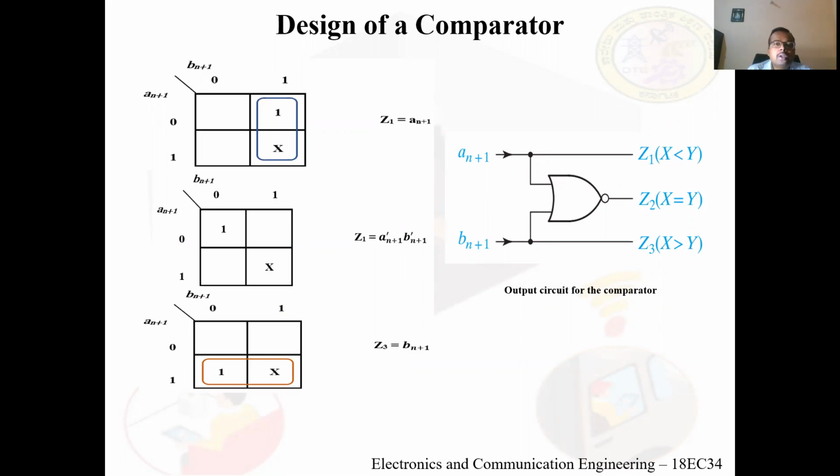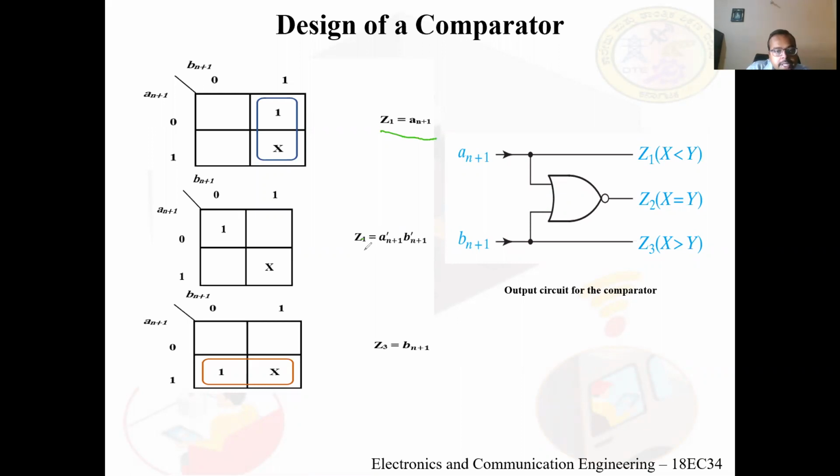Similarly, we do it for the output circuit. How do you find the equations for the outputs z1, z2 and z3 using the K-map? Looking at the transition table, substitute the values in the K-map and simplify. We get the expression z1 is equal to an plus 1.